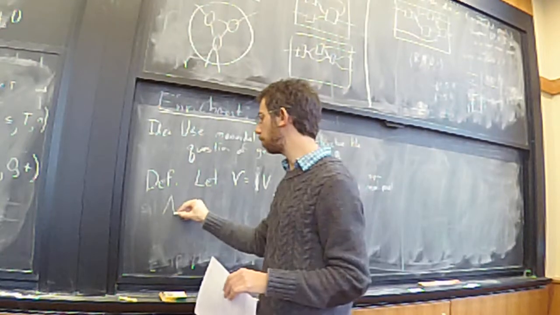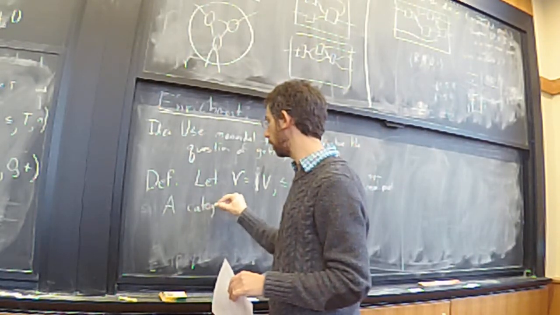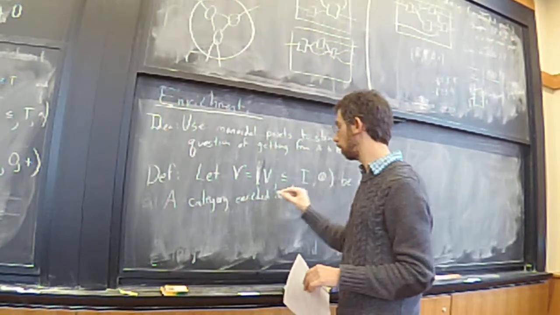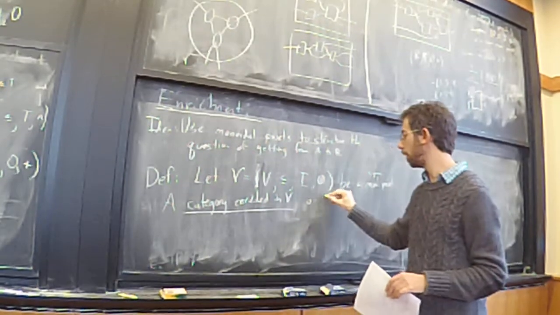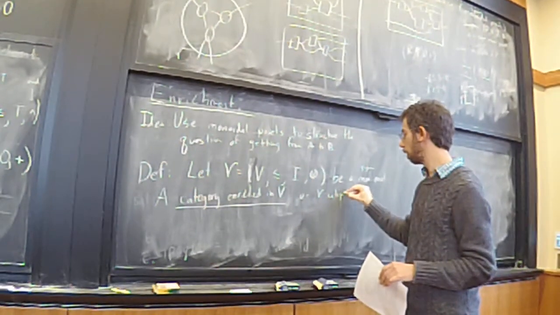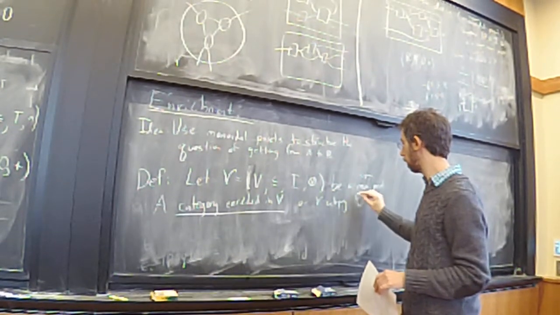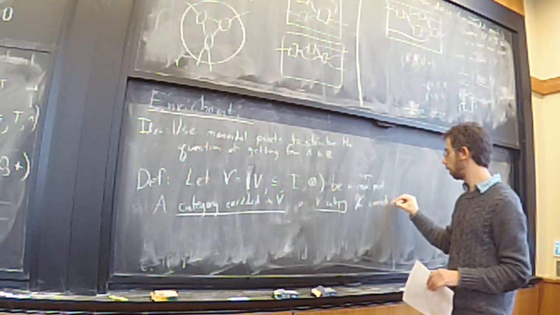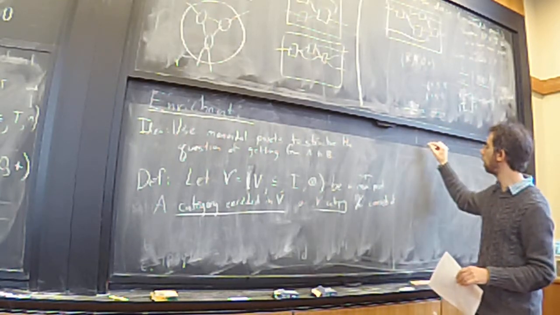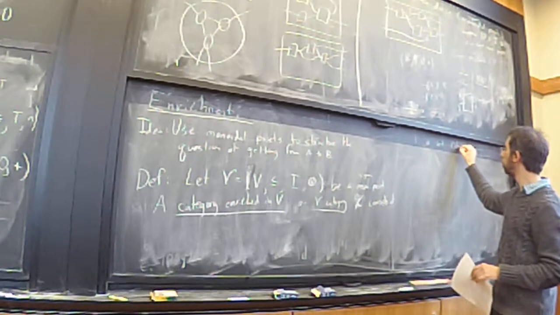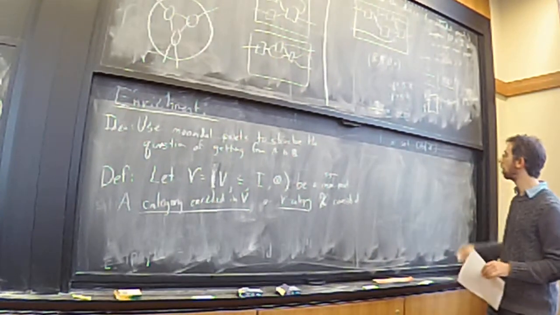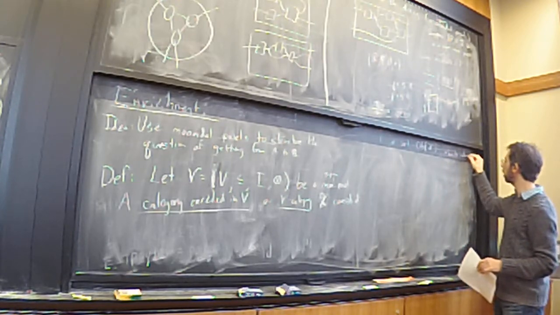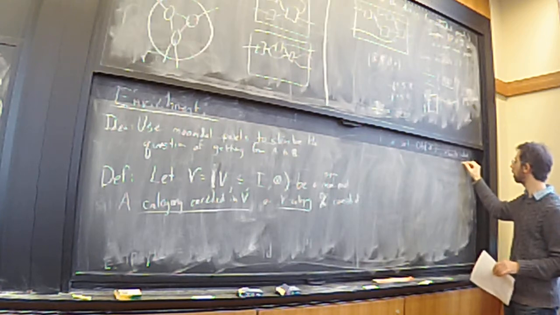We've talked about categories before, but now a category enriched in V, or a V-cat, consists of: 1, a set Ob X. The elements are called objects.